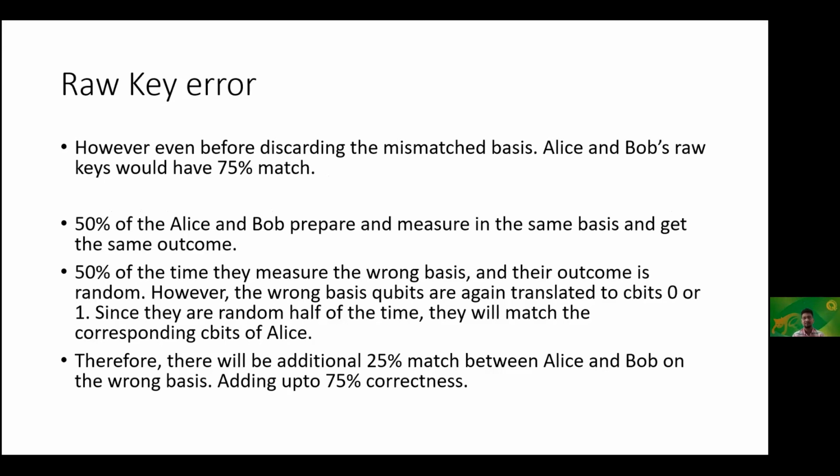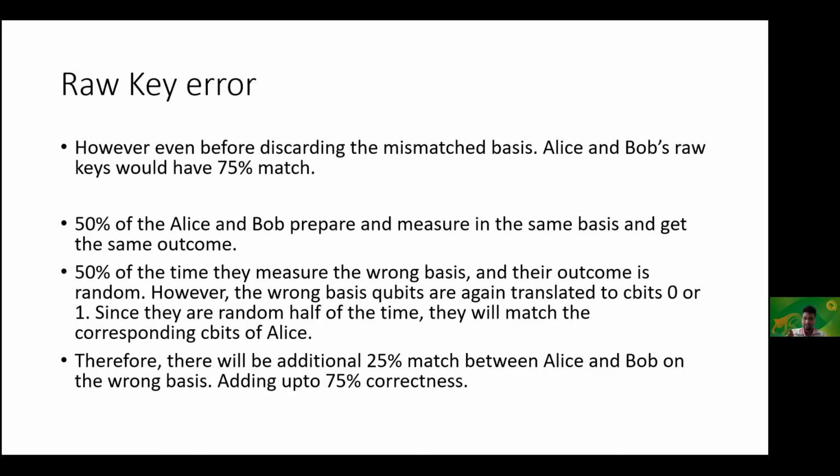Now, even before the sifting, if we look at it before discarding, how much error will this protocol introduce? We know that 50% of the time Bob measures in the correct basis and 50% of the time in the incorrect basis. When Bob measures in the correct basis, he will definitely get the right outcome. But when he measures in the incorrect basis, he will have an uncorrelated outcome, and then he will assign 0 or 1 to that message, which is random.